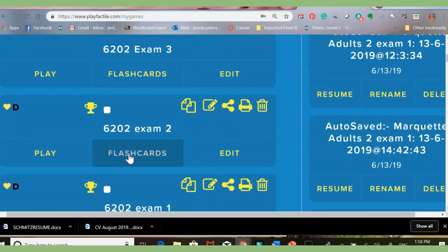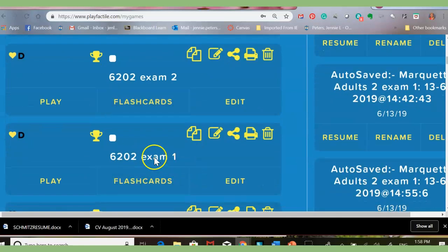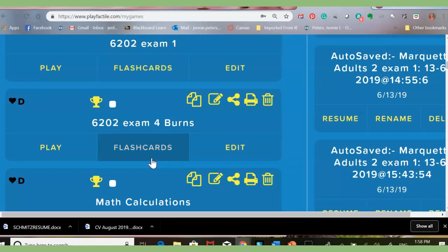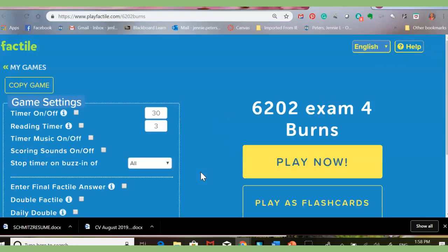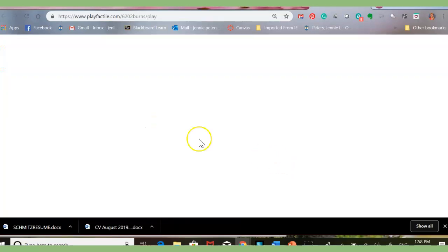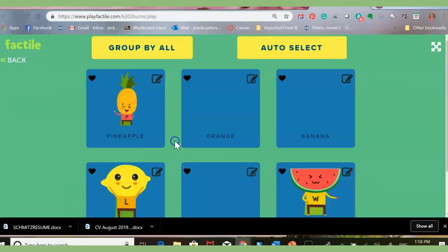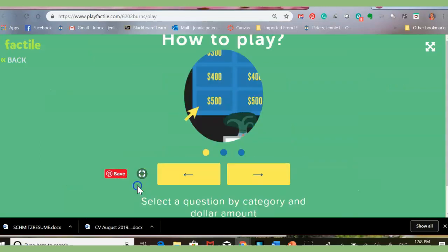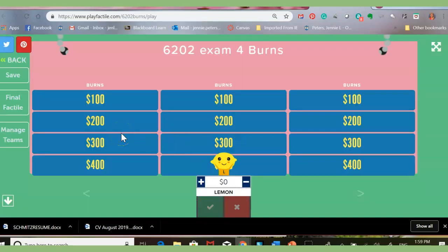What I recommend is going through Burns and ortho, and then you can just review the other ones because, you know, it's a cumulative exam. All right, so I'm going to start a new game. Okay, so we're going to start on Burns.